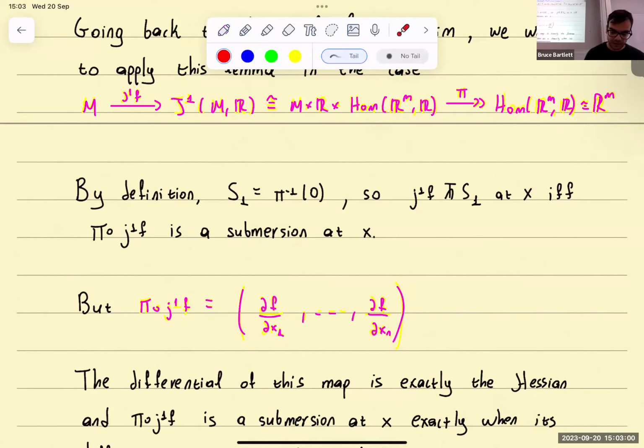Remember what J1F does, right? It sends x to this triple: x, f of x, the differential of f of x. The differential of f of x, if I choose some local coordinates, is just that. Yeah, it's very elegant.